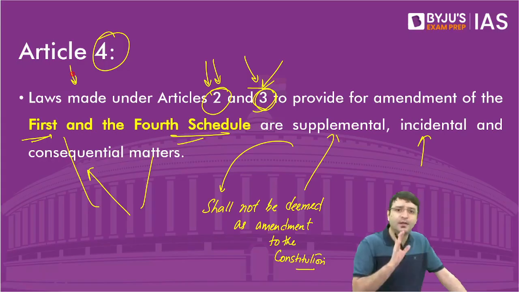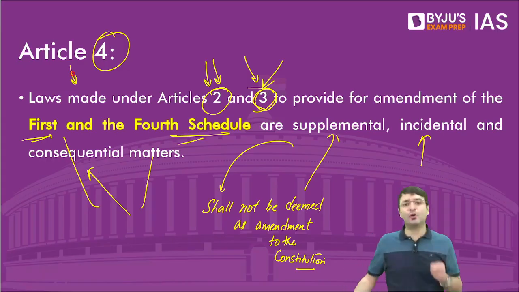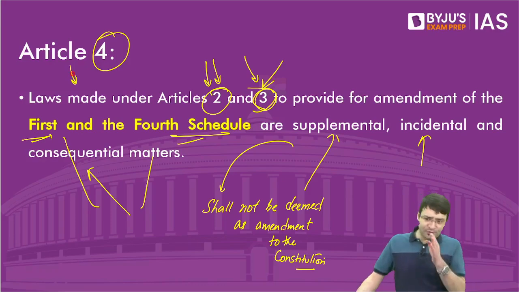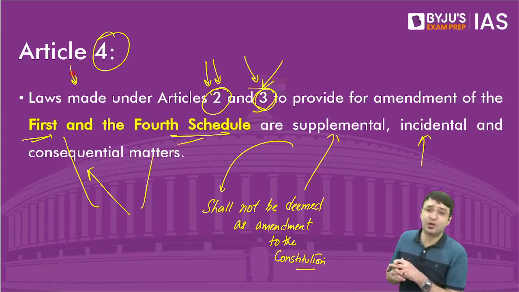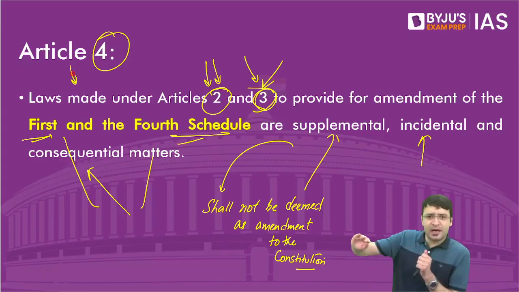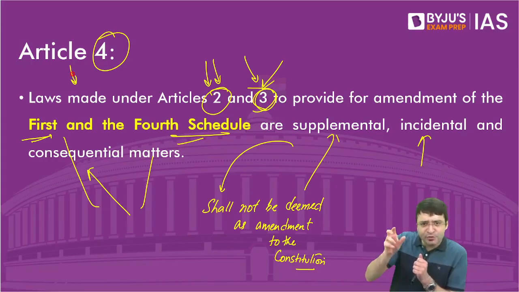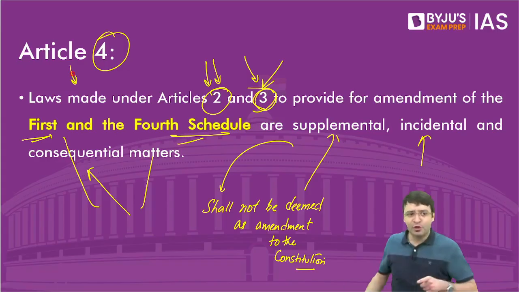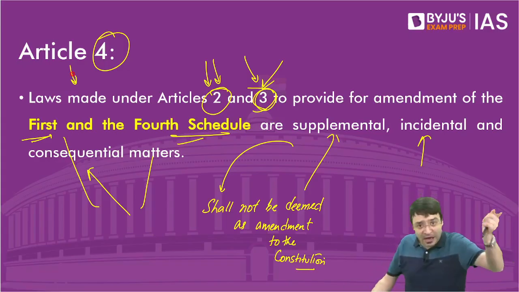Simple majority. Clear? But Schedule 4 of the Constitution, if you want to change, alter, modify, amend Schedule 4 in isolation, in the sense without Article 2 or Article 3, if you're not dividing, bifurcating or merging a state using Article 2 and 3, you need ratification by more than half of the states.